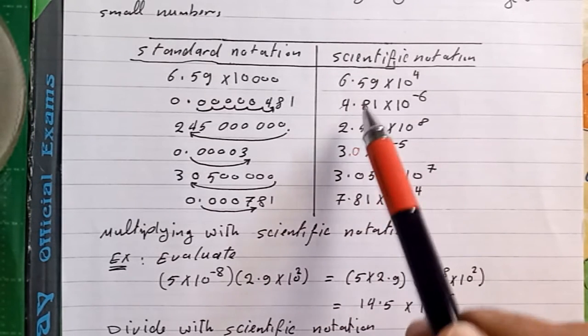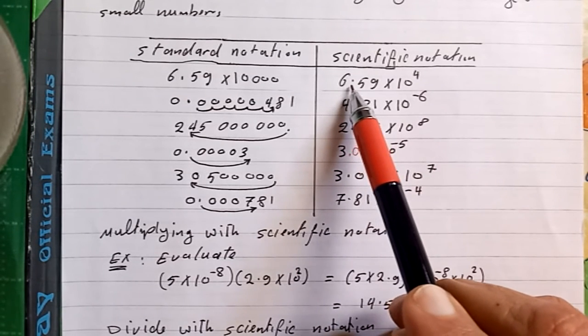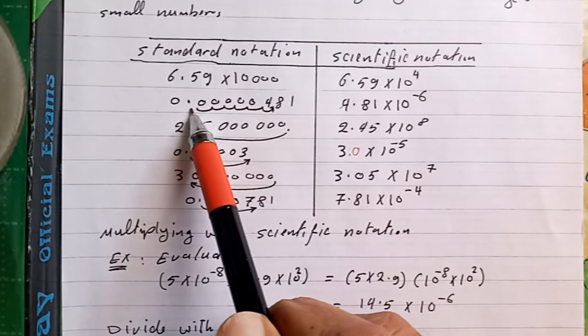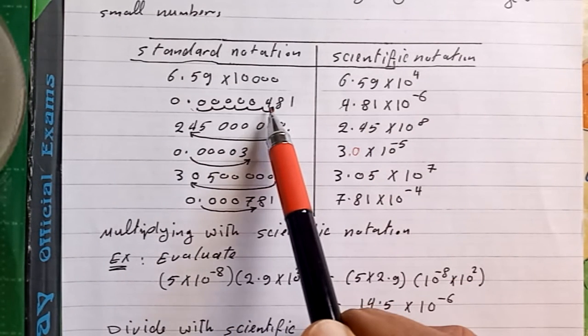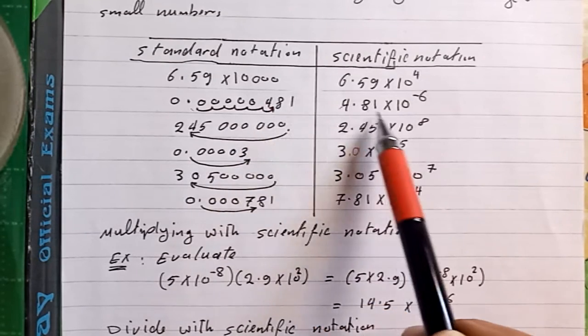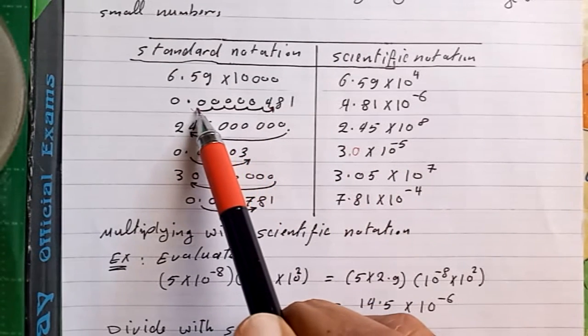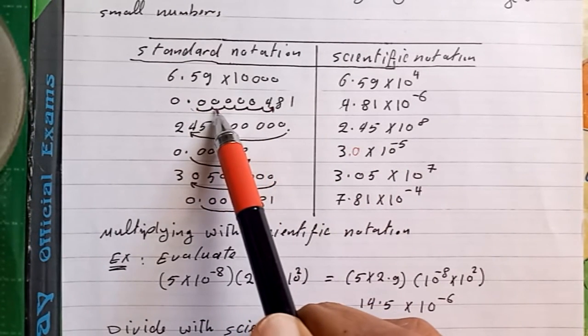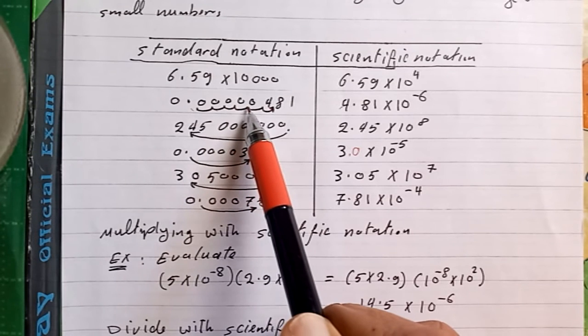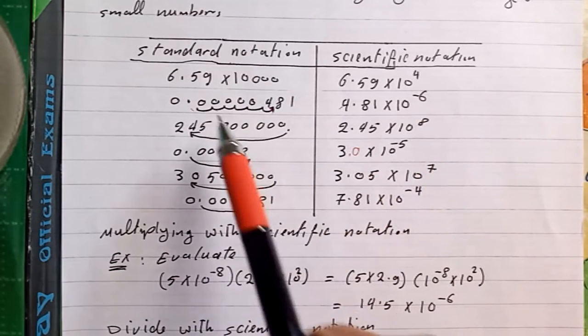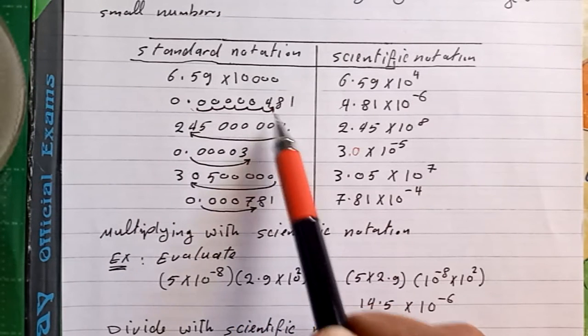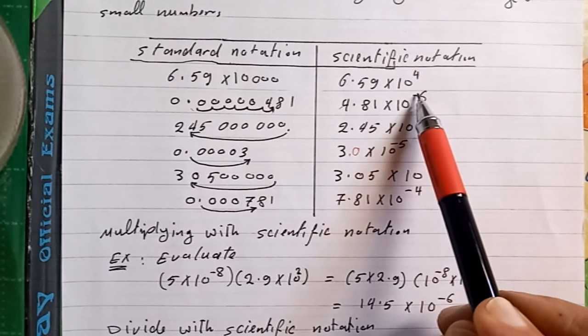So our target is to make one whole number and decimal. So I will move the decimal point to get 4.81. And then you moved it how many places? 1, 2, 3, 4, 5, 6 places. And then since you moved it to the right, you write 10 to the power of negative 6.